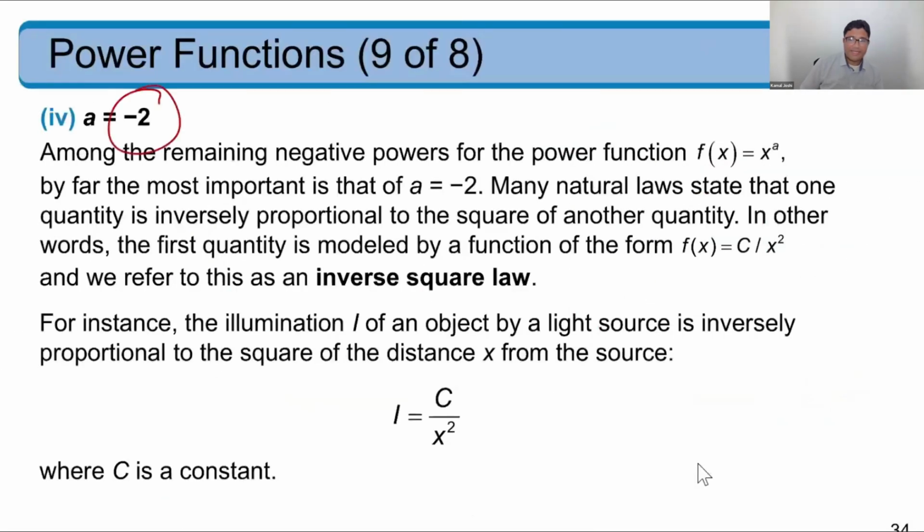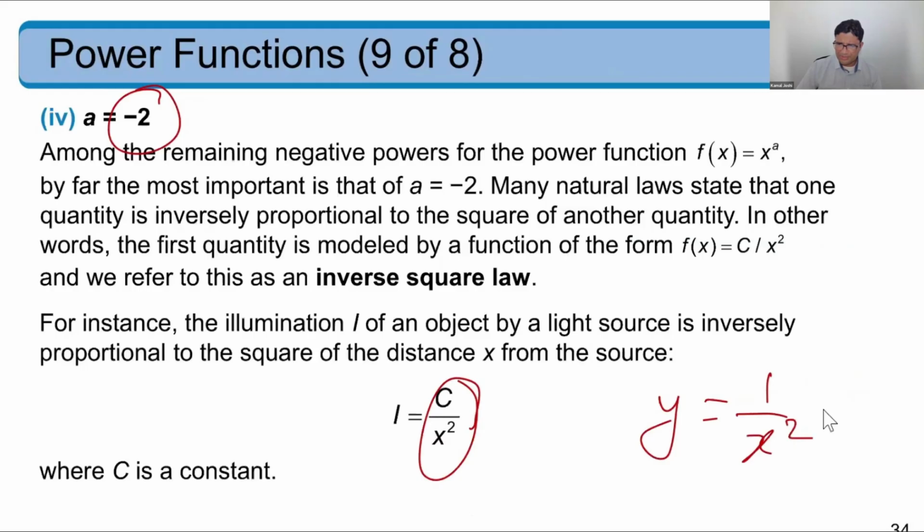Similarly, if you have power -2 instead of -1, you would get the 1 over x squared function, like y equals 1 over x squared. We just want to do a very brief study. What would the graph look like? First of all, it should look something similar to 1 over x, because why not? The same idea: when x is large, 1 over x squared will be small. When x is close to 0, 1 over x squared will be large, with a small difference.